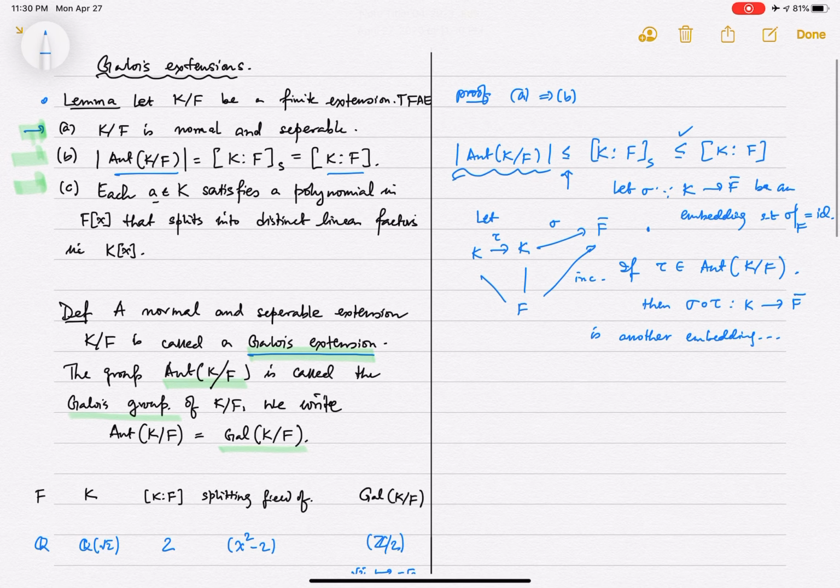So if you have 5 things in this group, I can produce 5 embeddings if you give me one embedding sigma, by composing with those 5 things, tau 1, tau 2, etc. So that's why the number of these embeddings is at least the number of these automorphisms.